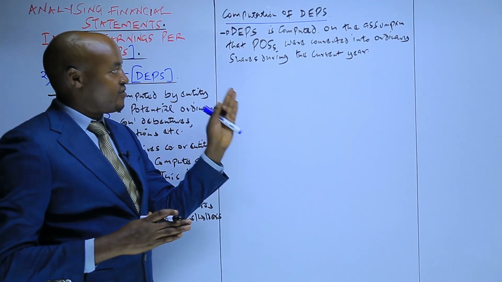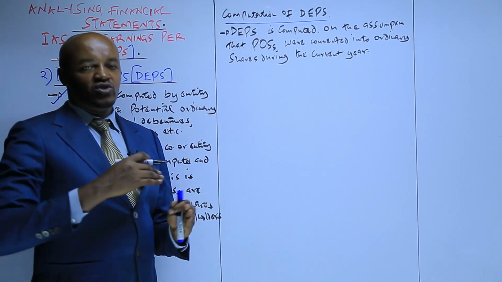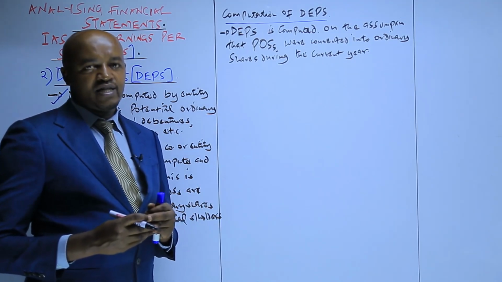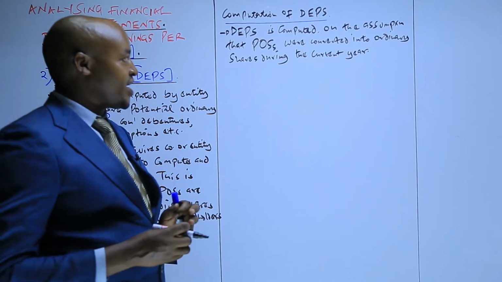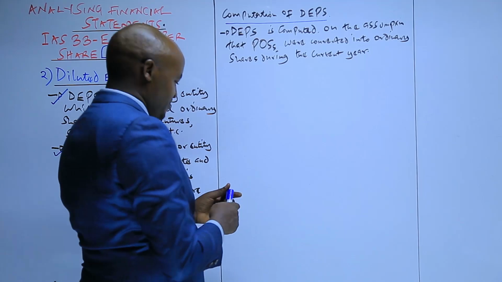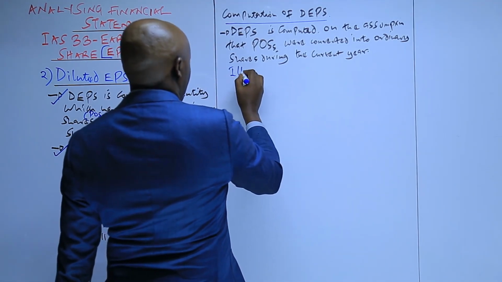If the convertible debentures, for example, were converted into ordinary shares, what would be the implication of that, both to the profit attributable to ordinary shareholders, and also to the number of ordinary shares issued by the company? Let me illustrate what I mean by that.